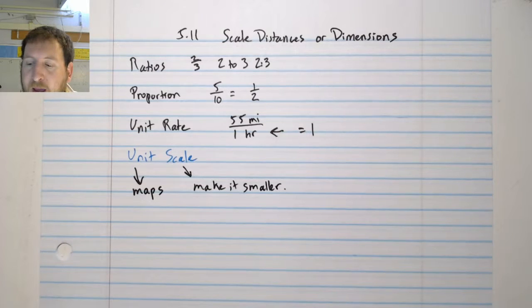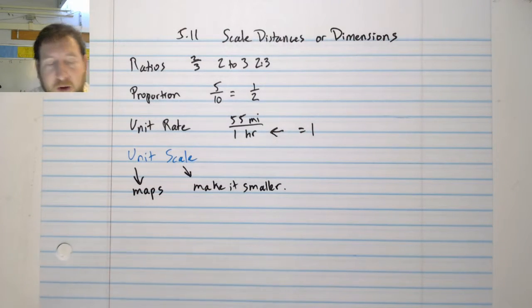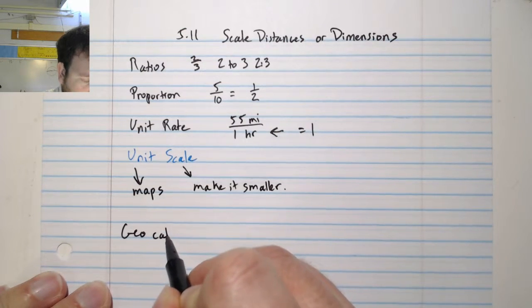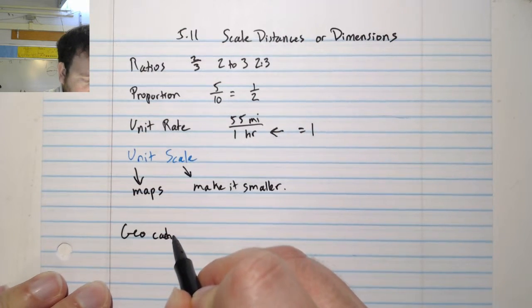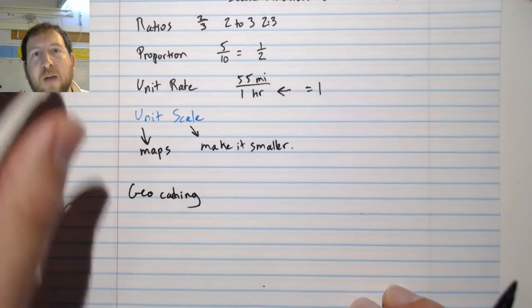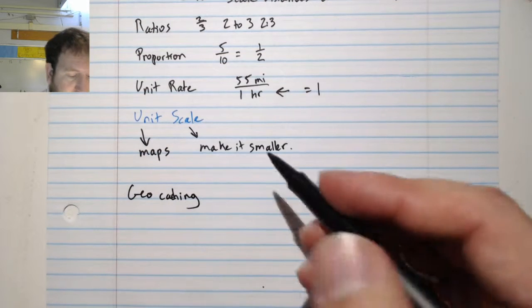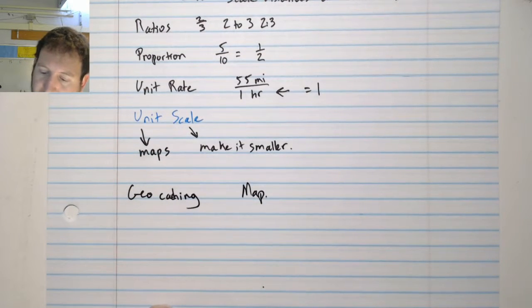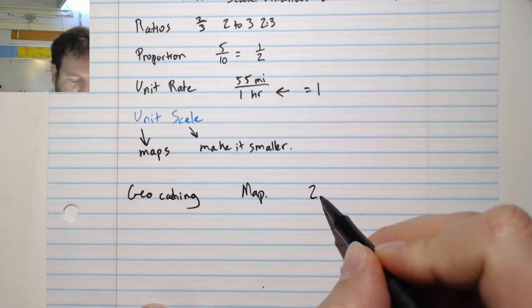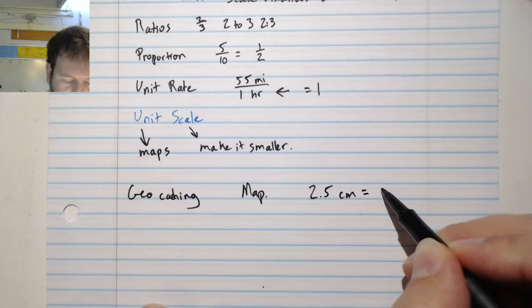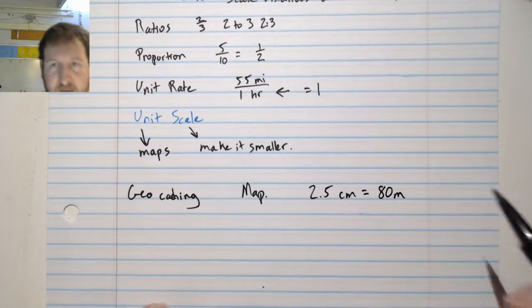Let's take a simple example. Two people are doing some geocaching. Remember, that's where people hide stuff and then you have to go find it based on coordinates. And on the map, it says that their scale is every 2.5 centimeters is equal to 80 meters.